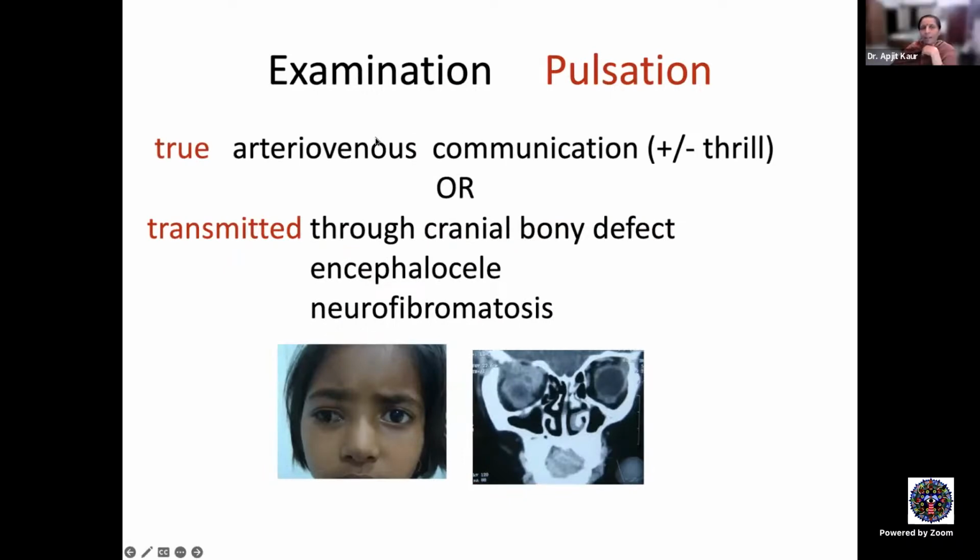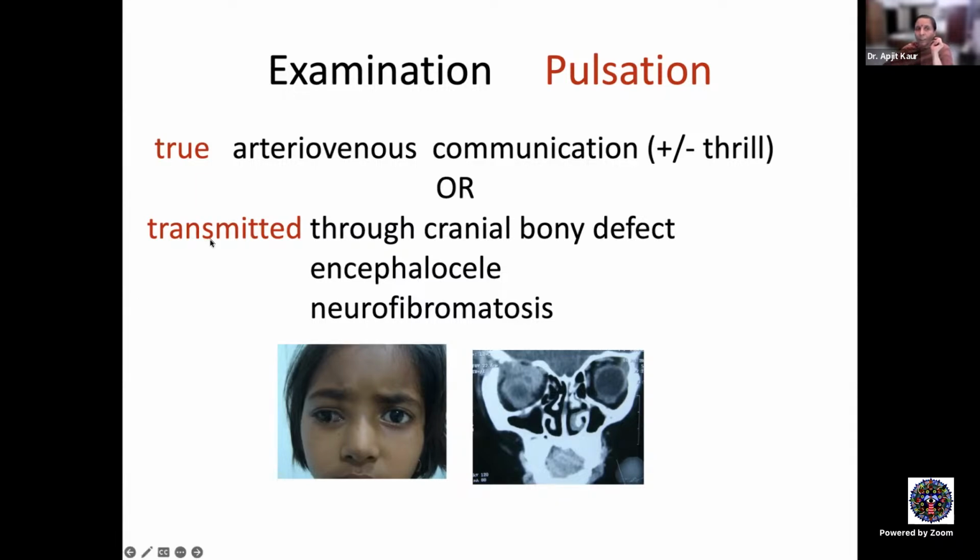Palpation, again, pulsations. This is another important part. The true pulsations and the transmitted pulsations. What are true pulsations? They're expansile in nature. They move the finger. They come from a true arterial component. They correspond with the heartbeat and come from an arteriovenous communication.